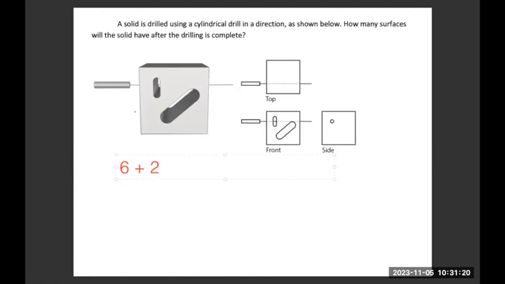So 6 plus 2, 8 surfaces without drilling. This solid has 8 surfaces without any drilling done.